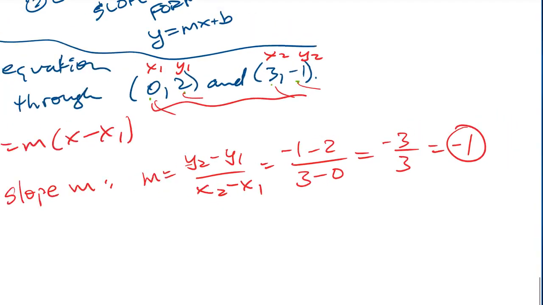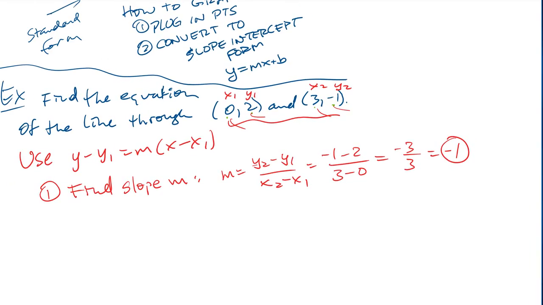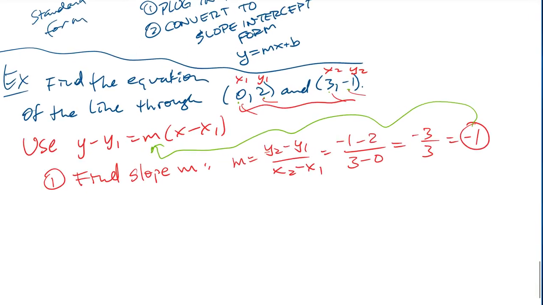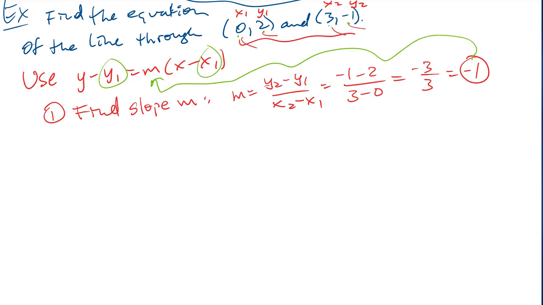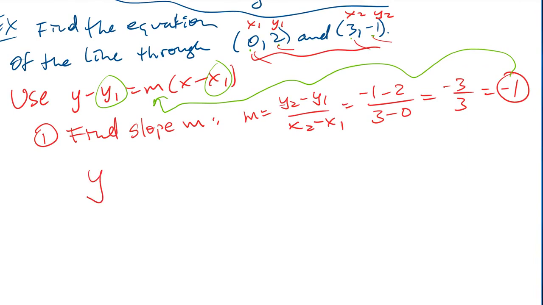So I'm going to take that and plug it into the formula, and then I have my x1, y1 that I can plug in, and I'll almost be done with this problem. It'll be y minus y1, which is 2, equals m, the slope -1, times x minus 0.